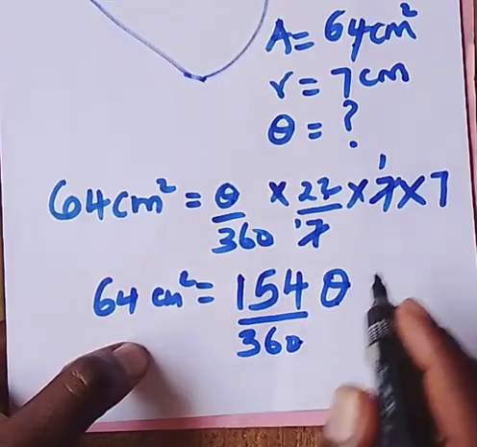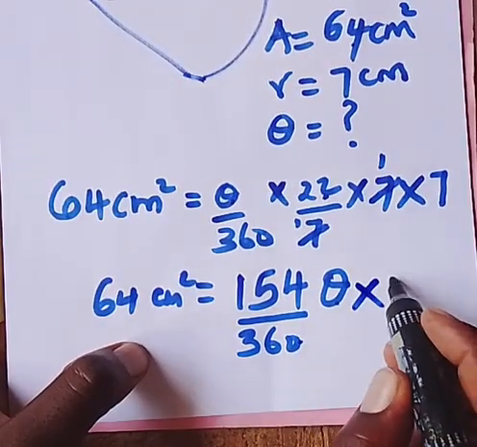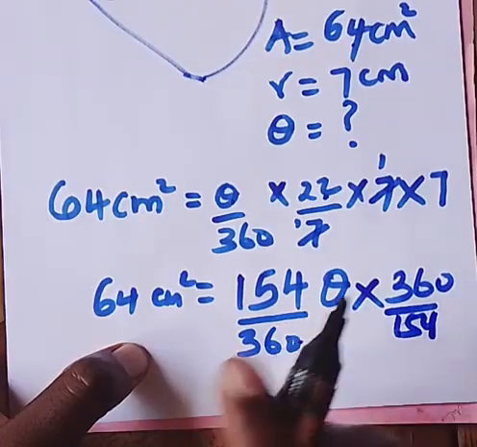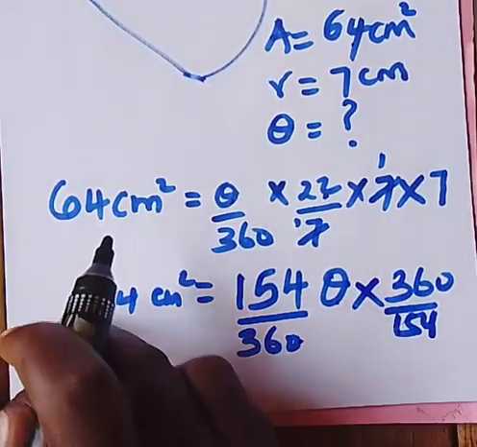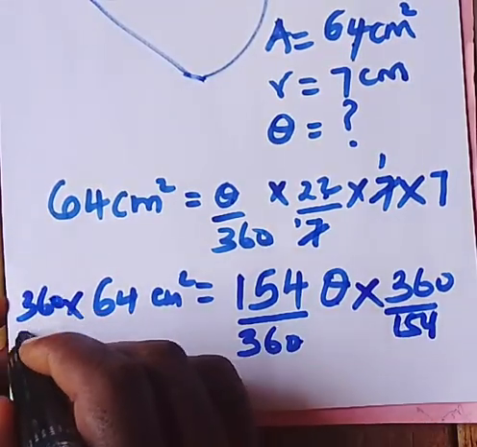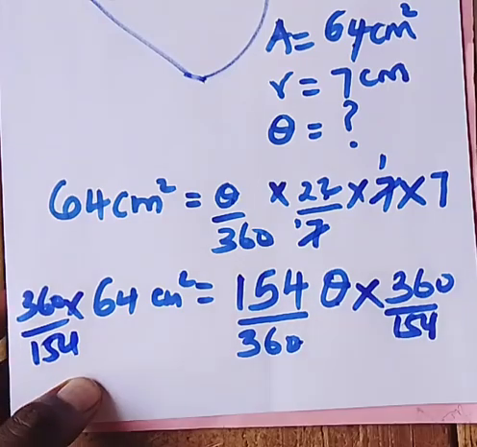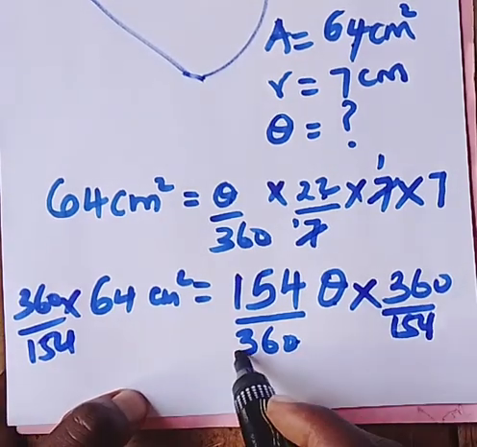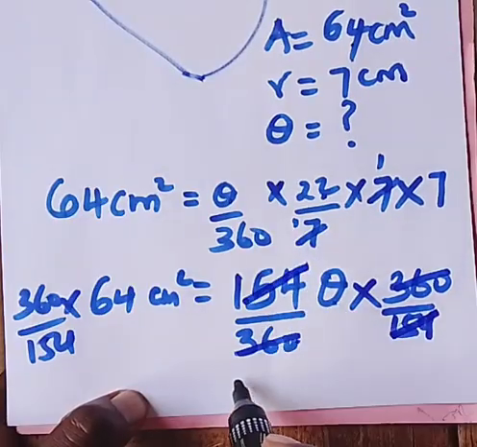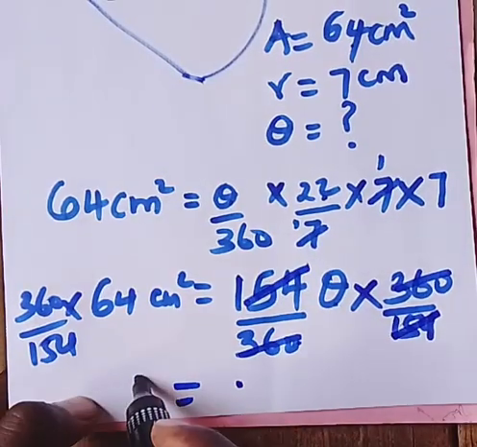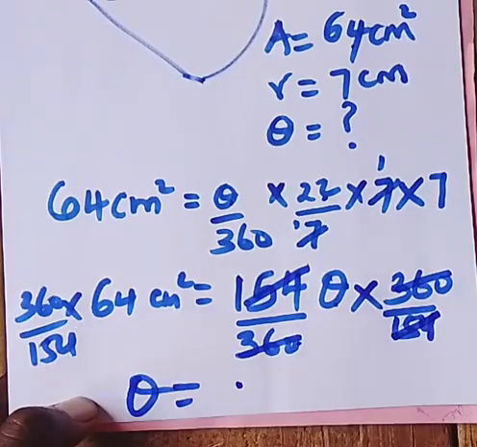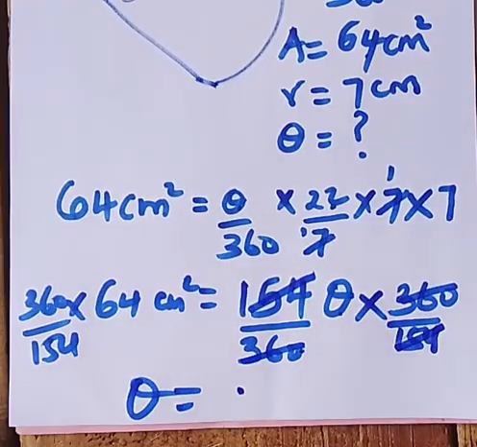So you multiply by 360 over 154. Whatever you do on this side, you also do on this side. So you realize that this 360 and that 360 go, 154 and 154 go, so you remain with theta.